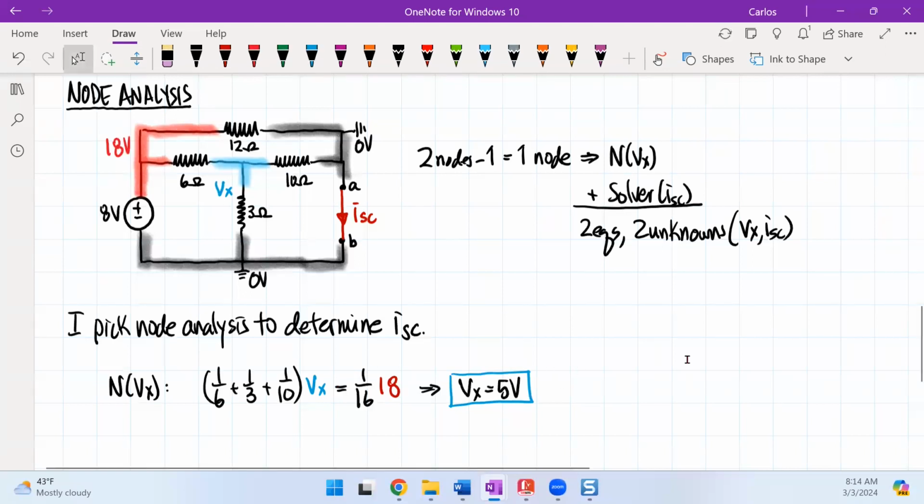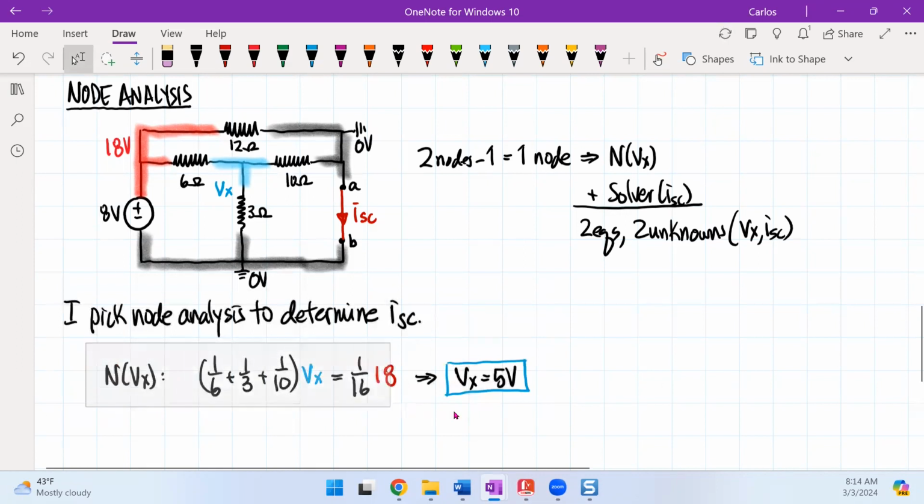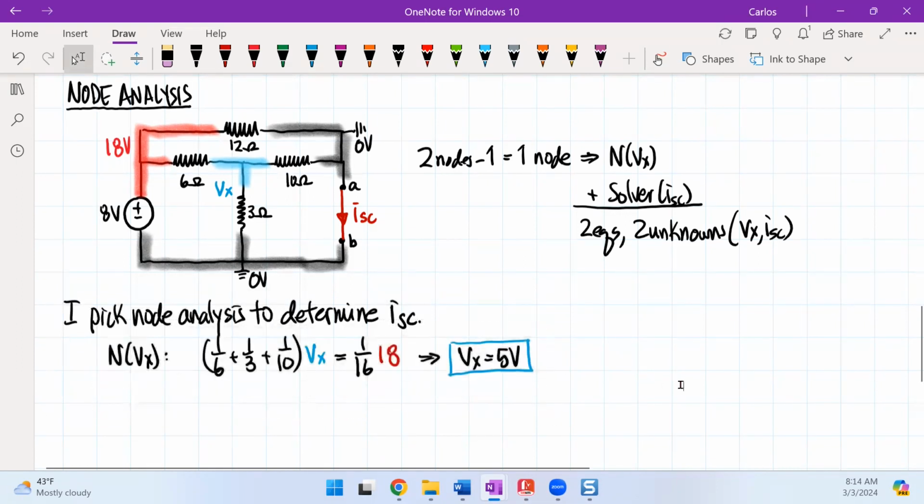So the next thing here is to apply KCL as a solver to determine I short circuit. So I'm moving this up so that I can actually write it right here. So when I look at that solver, I have to apply KCL at node right here, node A, because there's I short circuit. I know that voltage. I know that voltage. So now I'm going to apply KCL.